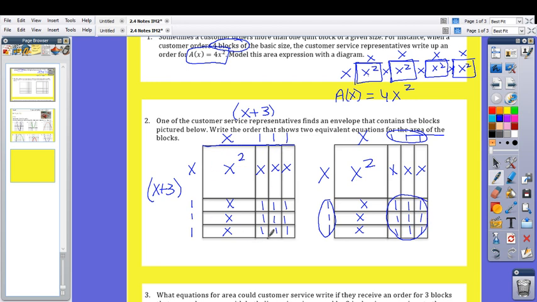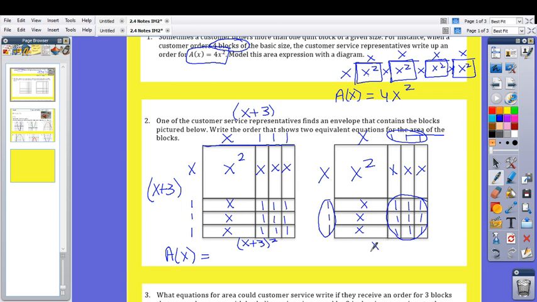So now if you count what is in the middle, so we will say ax. Okay, or before that, let's find out what is the side. So for this one is x plus 3, x plus 3. So area for this one will be x plus 3 and square of that.